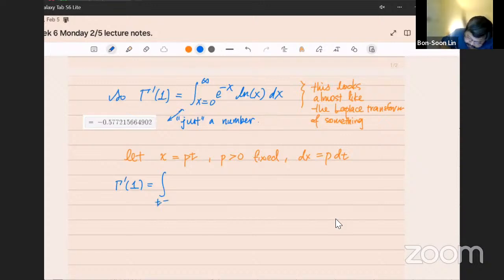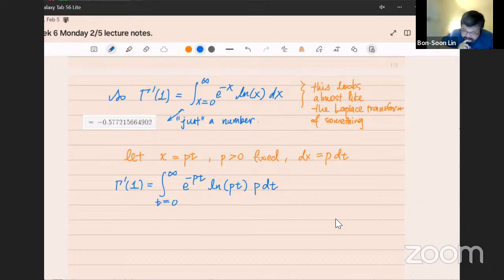So we integrate t from 0 to when x is infinity, t is infinity. And here we have e to the minus pt, right? So magically, I get this pt to show up, and times the natural log of x, which is pt. And dx is p dt. So now we have this new expression. Okay, so far so good.